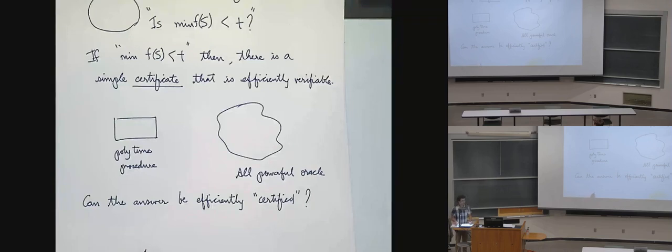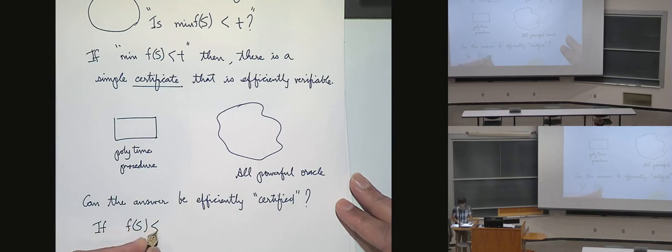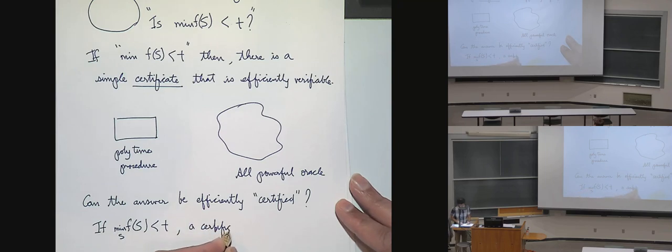In any discrete optimization problem, if the min over s of f of s is less than t, a certificate is given by that minimizer.